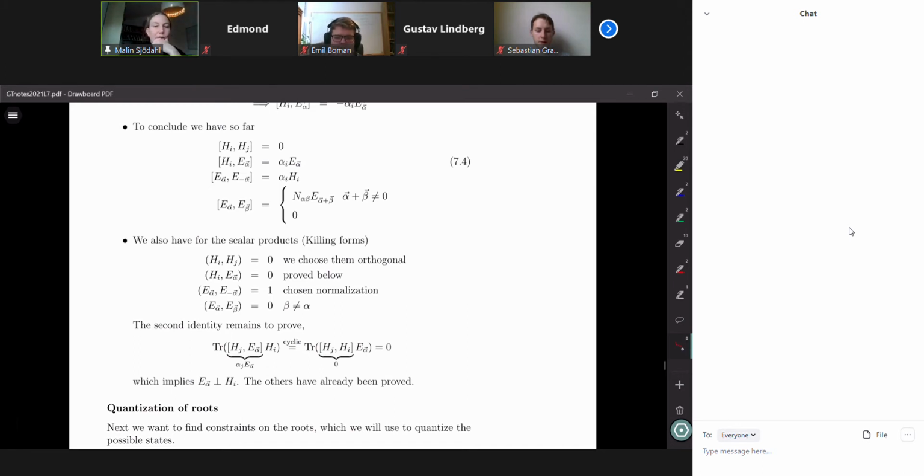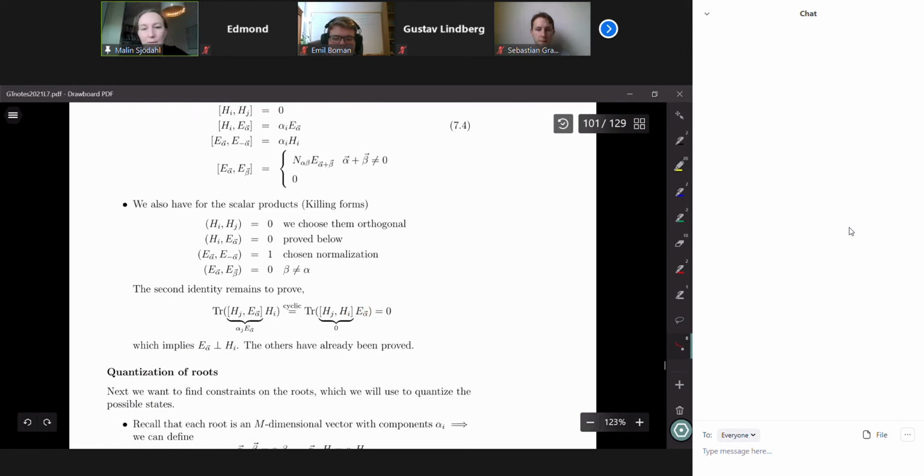And if you're not convinced by the cyclicity here, just try writing it out, and you will immediately see, because for the trace being cyclic only the relative order between the matrices matters. This actually looks like there's a typo here. Is that the case?